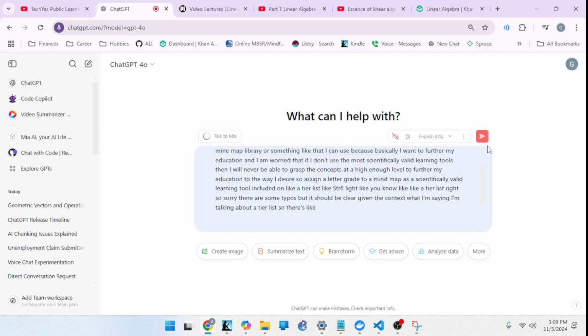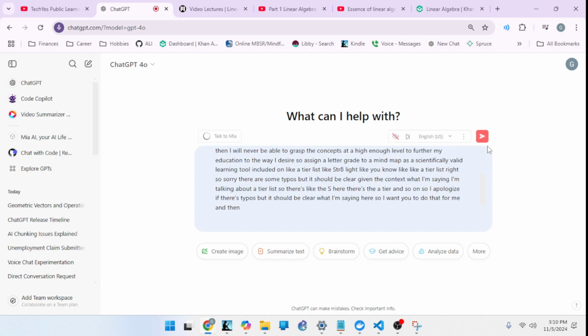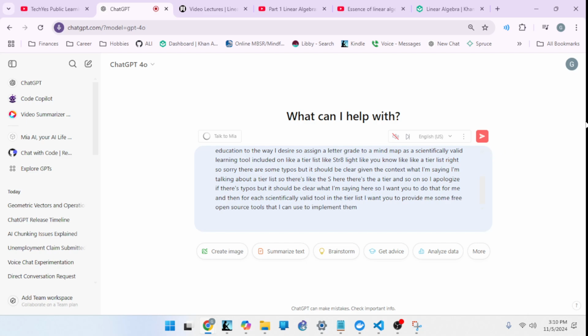So there's the S tier, there's the A tier, and so on. I apologize if there's typos, but it should be clear what I'm saying here. So I want you to do that for me, and then for each scientifically valid tool in the tier list, I want you to provide me some free open source tools that I can use to implement them.